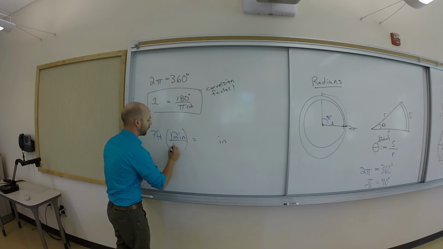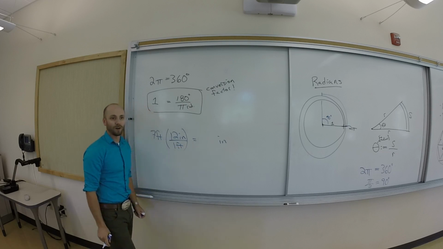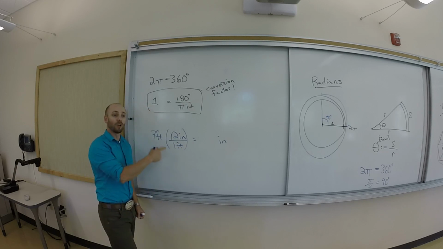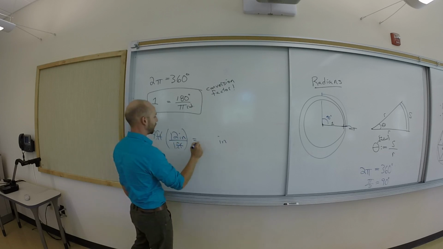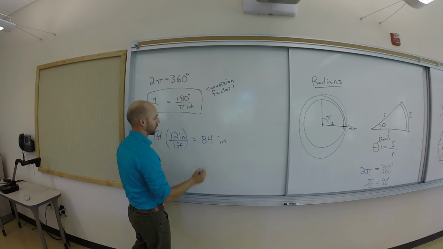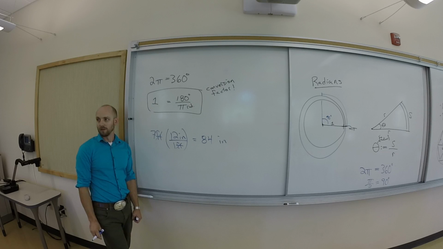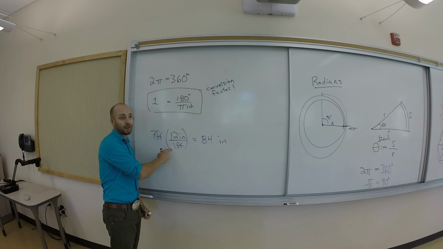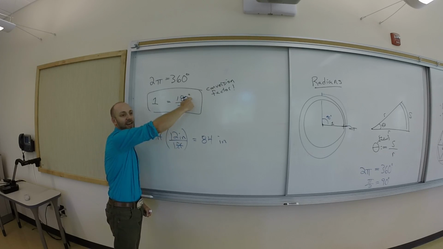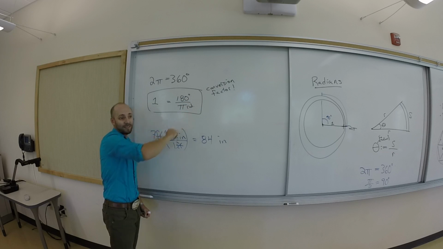Because 12 inches divided by 1 foot is 1. That's multiplication by 1, which is something I'm allowed to do. The feet units cancel, I get inches out, I get whatever 7 times 12 is. This is the same tool as that 12 inches in a foot. This is telling you there's 180 degrees in pi radians.